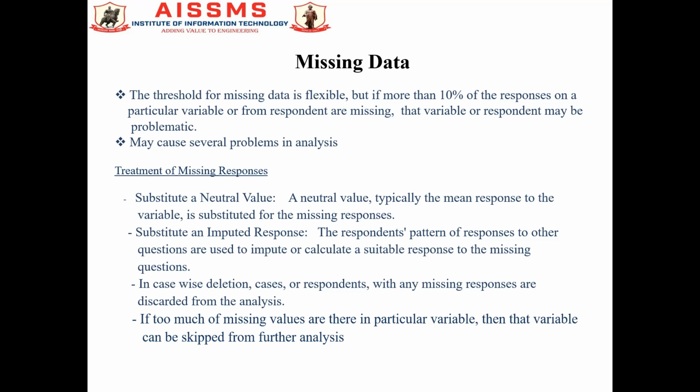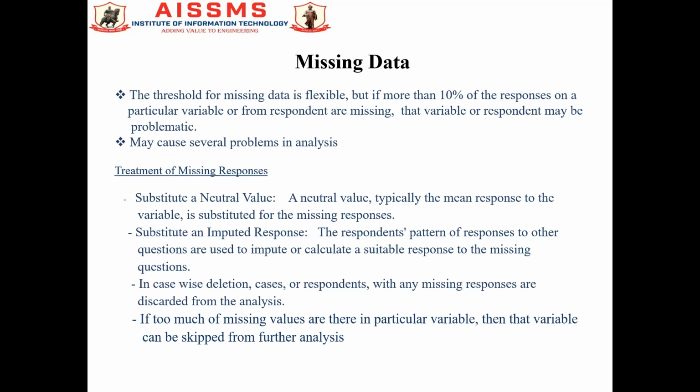Missing responses can be treated using various methods. We can substitute a neutral value in place of the missing response. A neutral value typically means a response to the variable that will be substituted for a missing response.